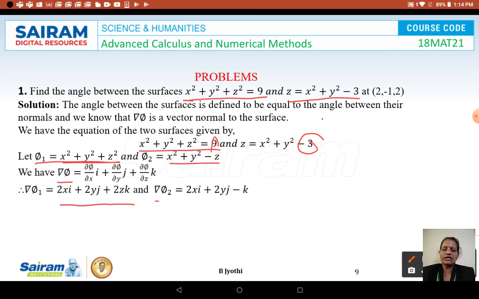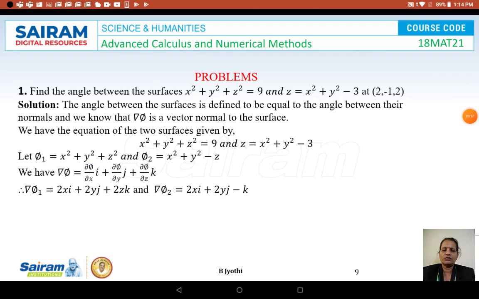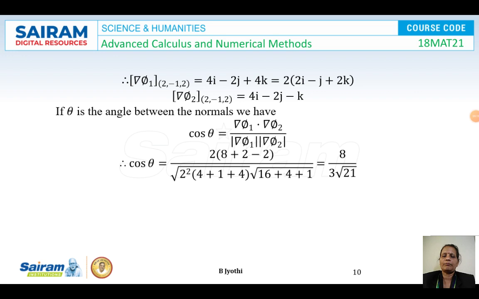Next, similarly we will do for the second curve also. So del phi 2 is given by 2x i plus 2y j minus k. So these are del phi 1 and del phi 2. Now we find the del phi 1 at the given point, that is 2, minus 1, 2.